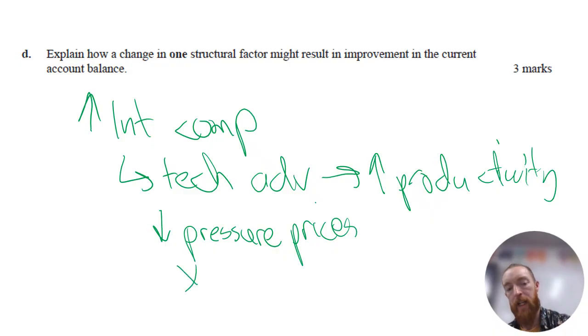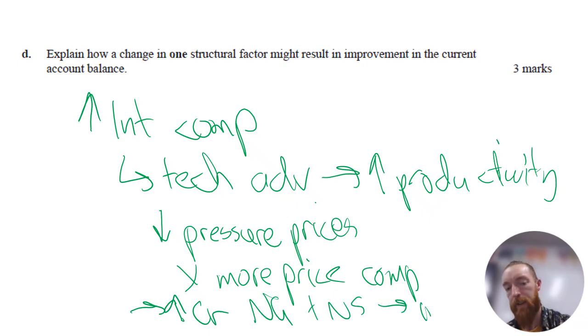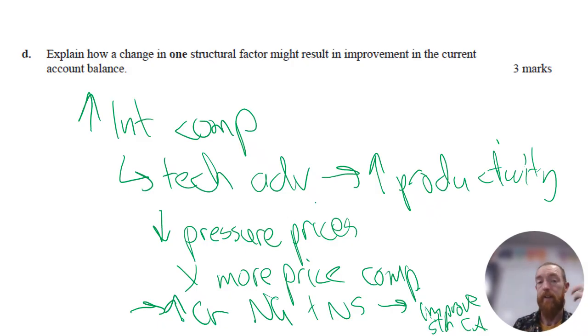And that our exports would become more price competitive, which would then lead to an increase in credits in net goods and net services. And therefore, that would lead to an improvement in the structural current account. And then that would get you the marks for that.